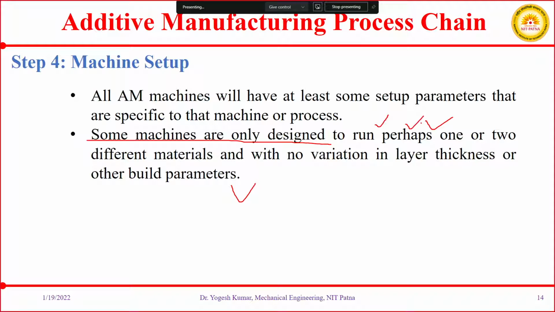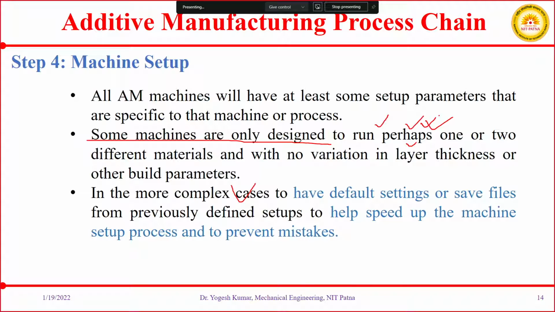Any machine cannot print any material. It will be designed specifically, maybe 2 or 3 materials you can print on that particular machine. Sometimes as a researcher, you may try to print other materials, but it depends. It may succeed, or it may fail, and the printing may not be done properly.